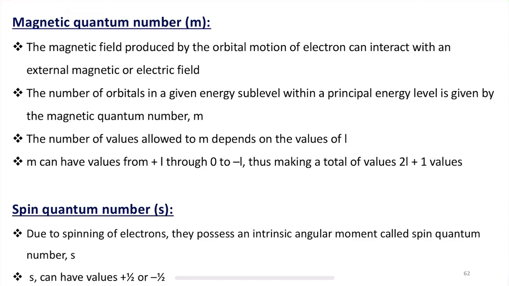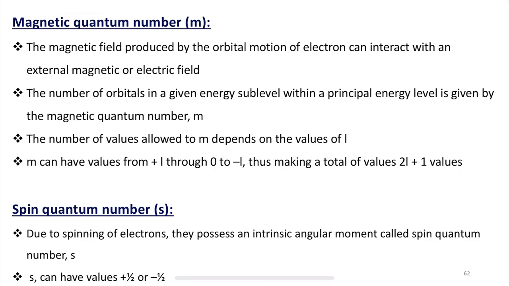Since the magnetic field produced by the orbital motion of an electron can interact with an external magnetic or electric field, the electrons orient themselves in certain specific regions of space around the nucleus, and these regions of space are called orbitals.